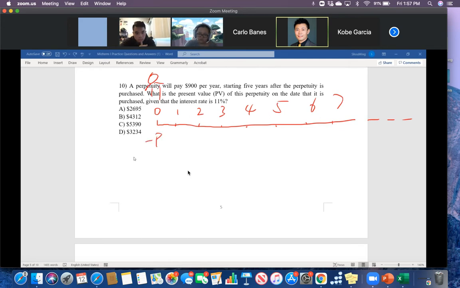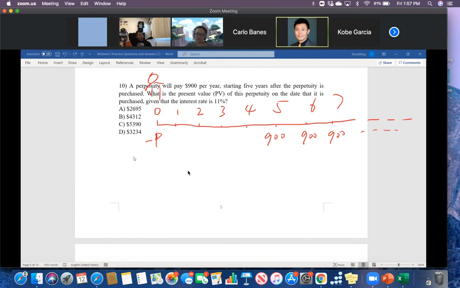The negative sign simply means you need to pay some money out. And only after 5 years, you are able to receive $900 per year, right? From year 5, you receive 900. In year 6, you receive 900. In year 7, you receive 900, and the 900 lasts forever, right?